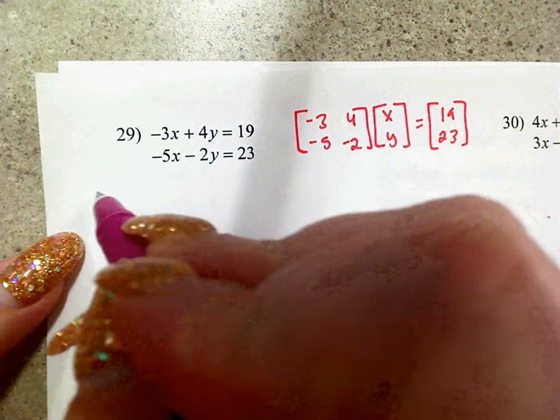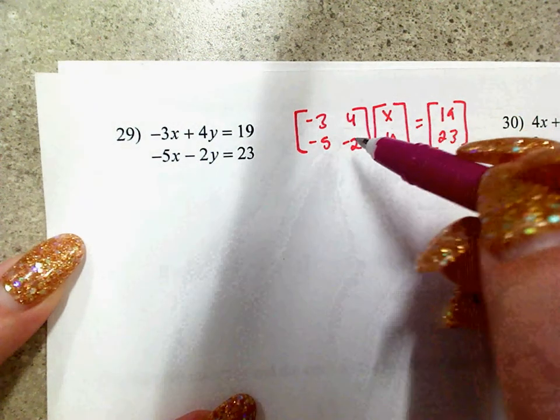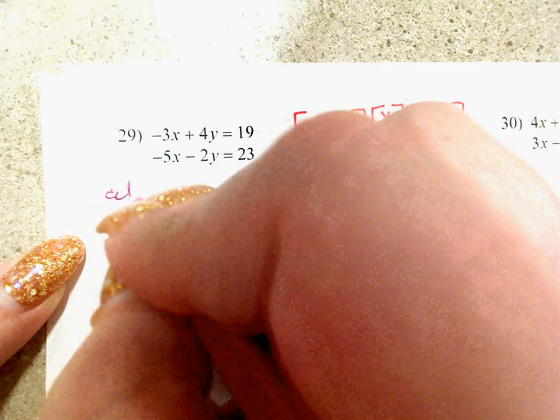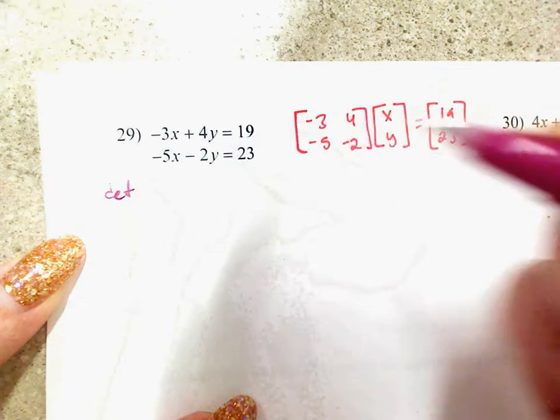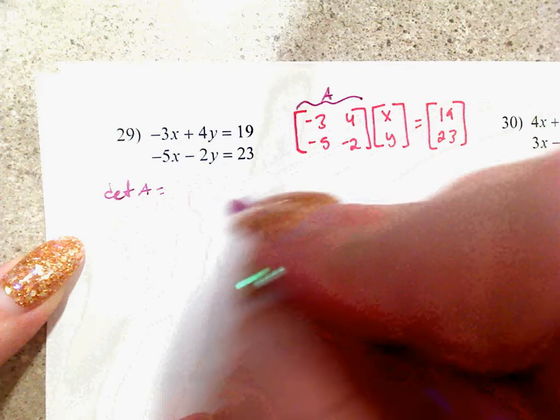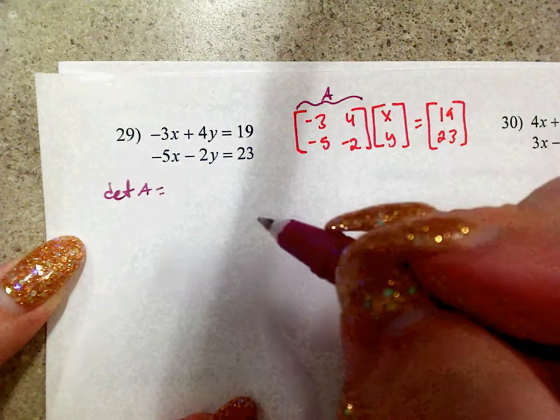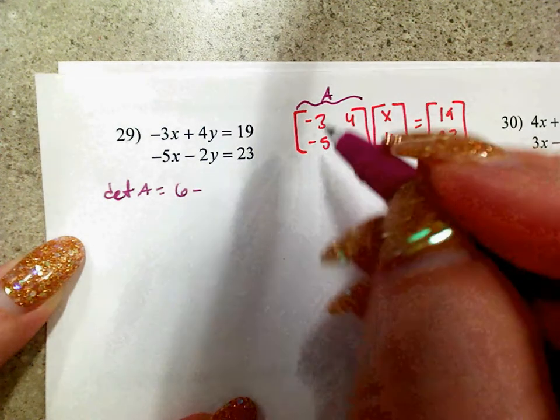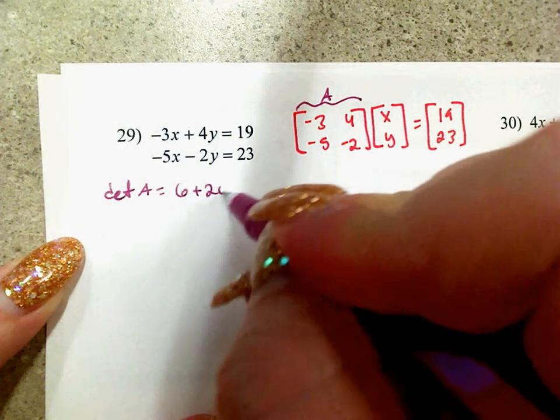So 1 over the determinant. If we let this be matrix A, then the determinant of A is 3 times negative 2, which is positive 6, minus 4 times negative 5, which is negative 20, so plus 20, that is 26.